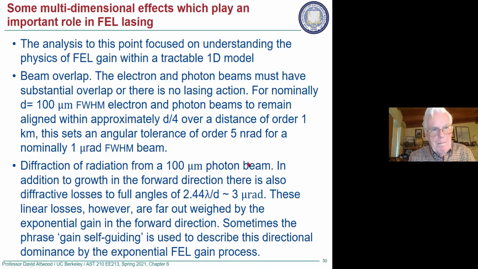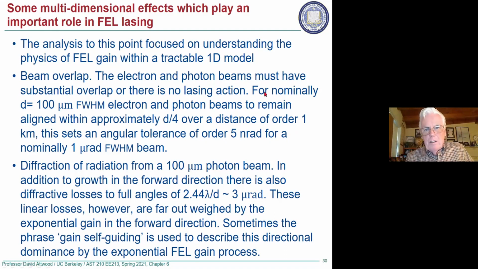Okay. And then there's also diffraction of radiation. So you have this 100 micron diameter, hopefully Gaussian or near Gaussian beam that's propagating out. And not all the radiation is on axis being amplified. If there's such a small object, there is clearly going to be some radiation off to the sides. That's lost power, and we did not include that.